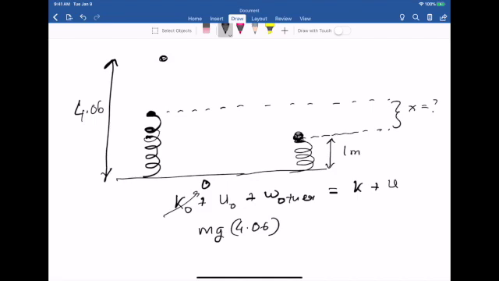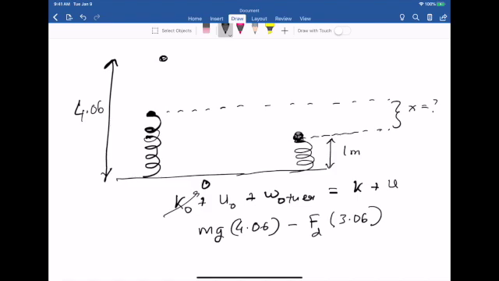It always opposes the motion. So it's just going to be minus the drag force multiplied by the total distance that the object moves. How much distance did it move? It moved a distance of 4.06 minus 1, which is 3.06 meters. All right, so that is the W other.